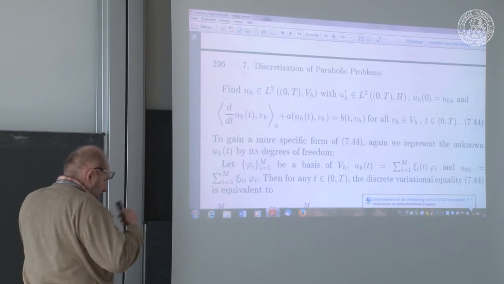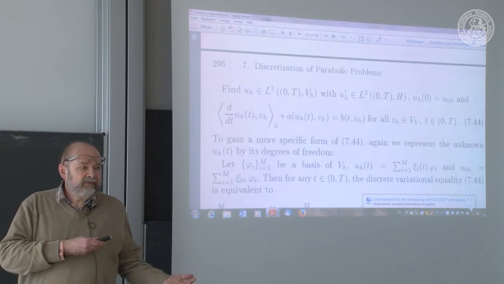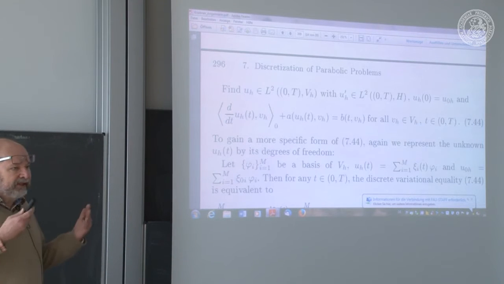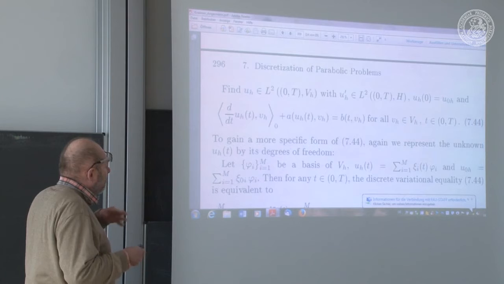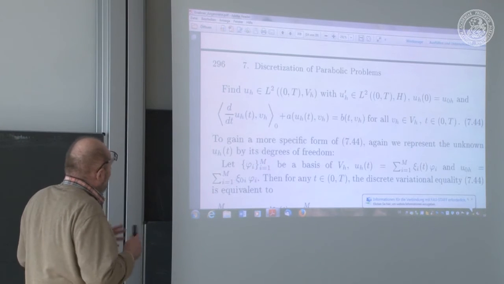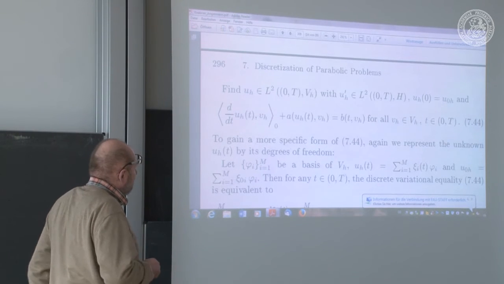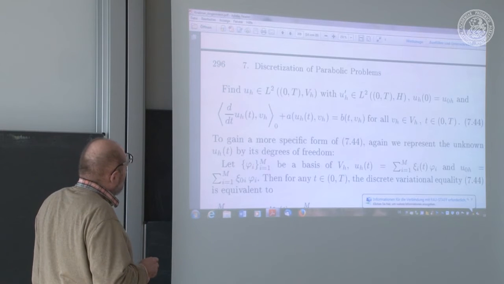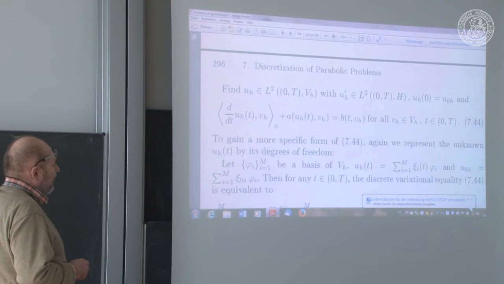Of course, being in these infinite dimensional spaces, this makes quite a difference whether we are in V, we are in H1 of omega, or we are in H, in L2, the much bigger space. In the discrete setting, these things then come together. And now we do the discretization the same way as we did it before.